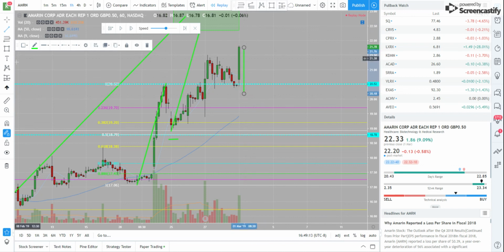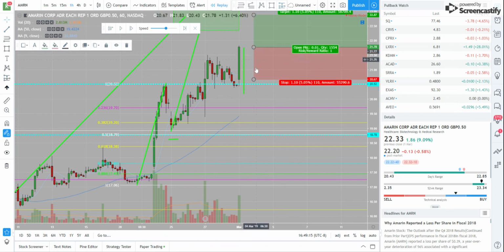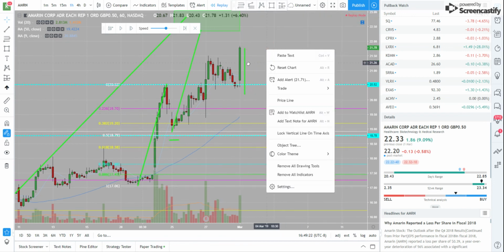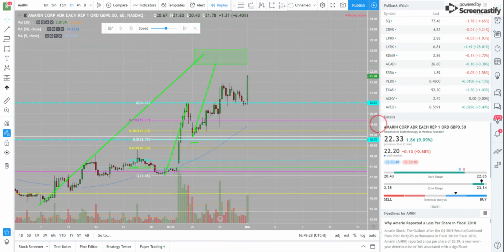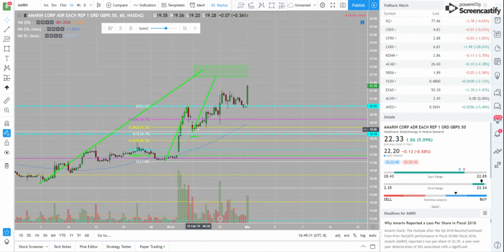So that's your entire amount of risk. If you want to measure it out, you're looking at about 7.3% worth of risk to the downside right there. I get that that's not practical all the time, but sometimes that's just unfortunately how it goes. So I'm looking at a smaller AB equals CD pattern right here.